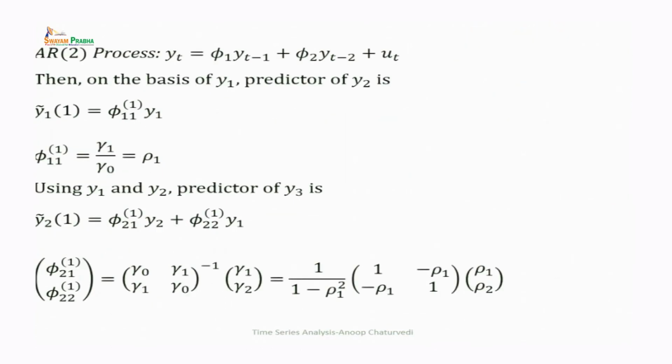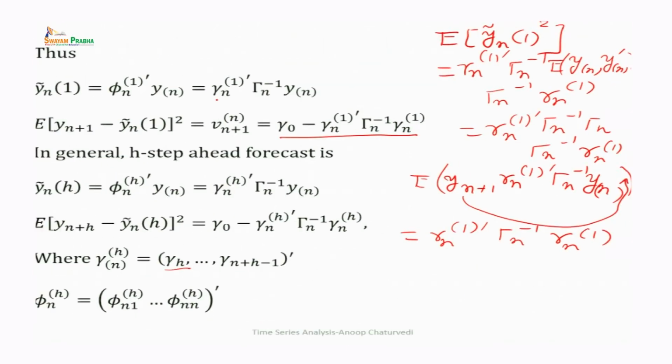Now, we consider the AR2 process as a special case. So, for the AR2 process, y t equals phi 1 y t minus 1 plus phi 2 y t minus 2 plus u t. You have the one step ahead forecast equal to phi 1 1 1 y 1, where phi 1 1 1 is equal to gamma 1 upon gamma naught. Say, what is the formula for phi? This is the formula for phi.